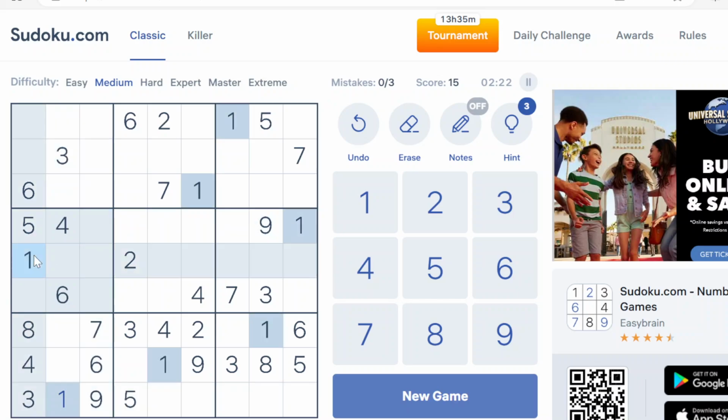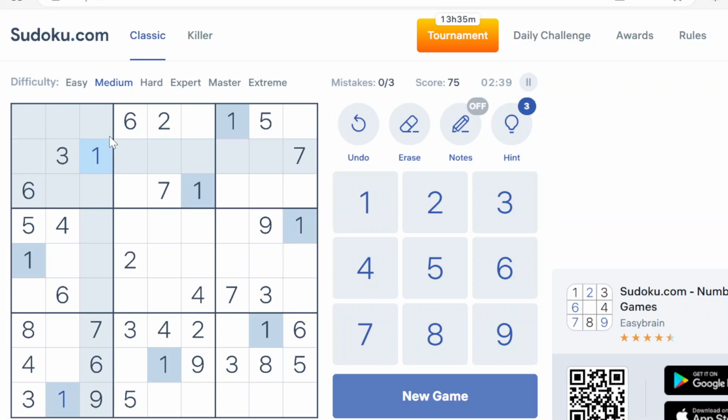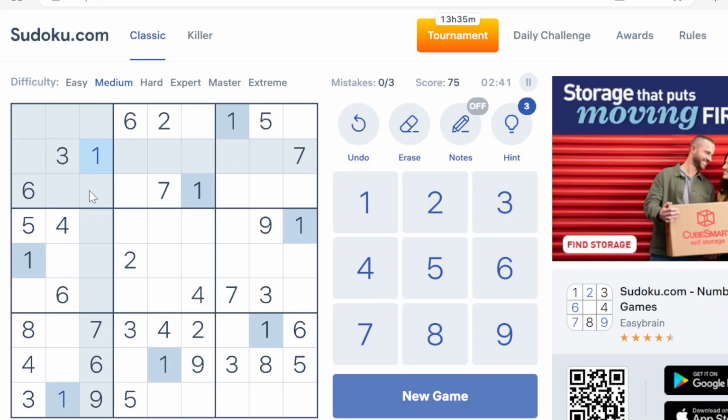And so let's see where else we can put the number 1. And I believe you can put the number 1 here. And as you can see here, it says mistake 0 out of 3, which means that that's correct. And again, I basically use the same strategy. It can only appear once per row, and this row already has 1.